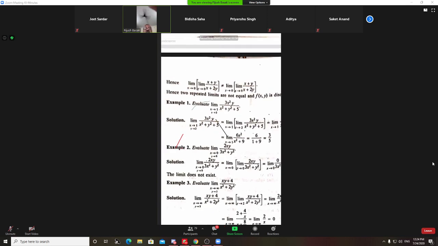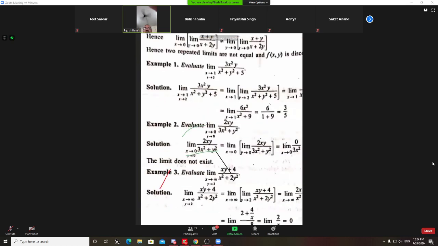Second problem, example number 2. See carefully: limit x tends to 0, y tends to 0, 2xy by 3x square plus y square, right? So solution: first you substitute y is equal to 0, because y tends to 0. And then x tends to 0, you put x is equal to 0.